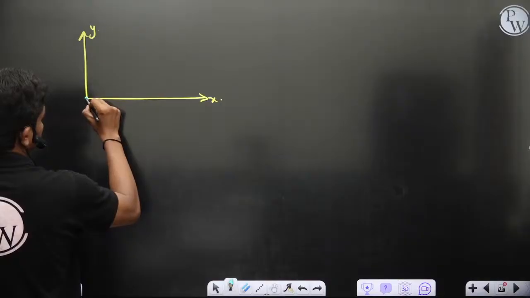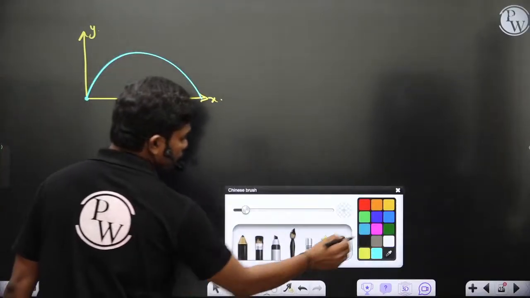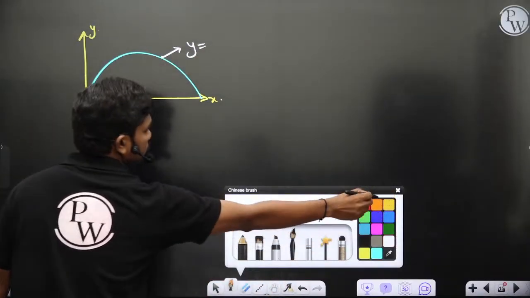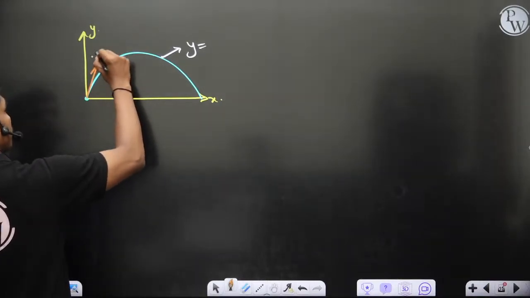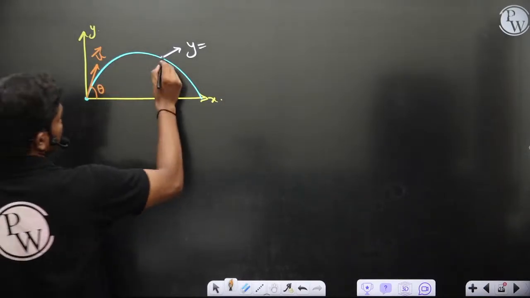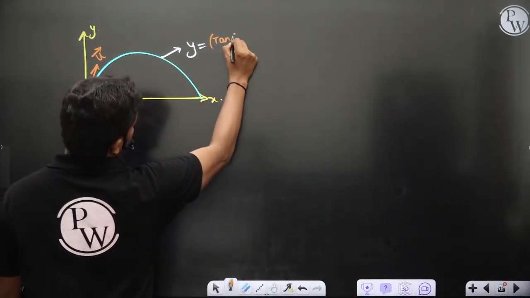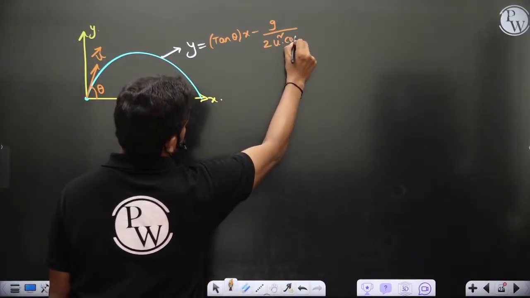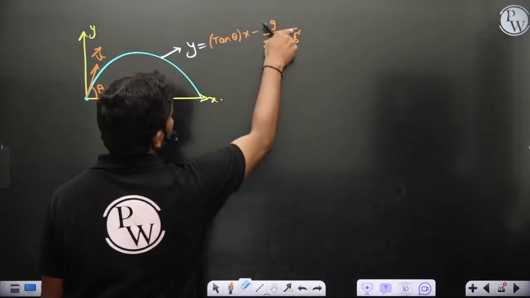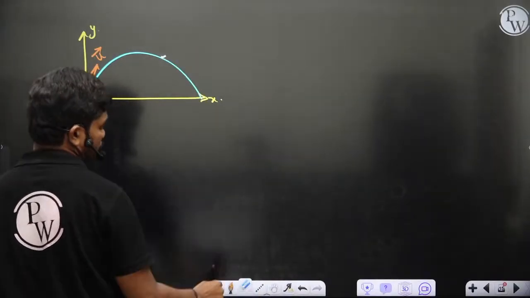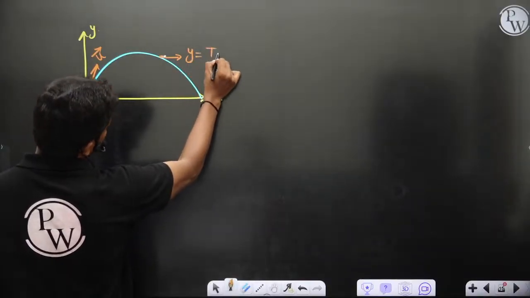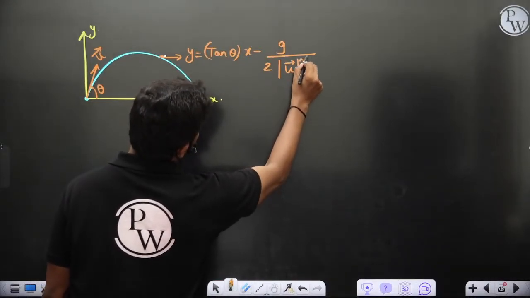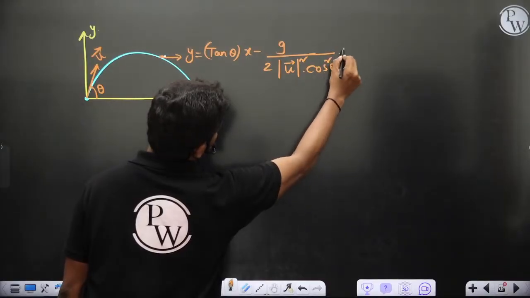Then if this is a projectile, ultimately this equation, if you plot it, you'll get y equal to, if you project the body with a velocity u and this angle is theta, for example, then the equation of this parabola is tan theta x minus g by 2 into mod u whole square cos square theta into x square.